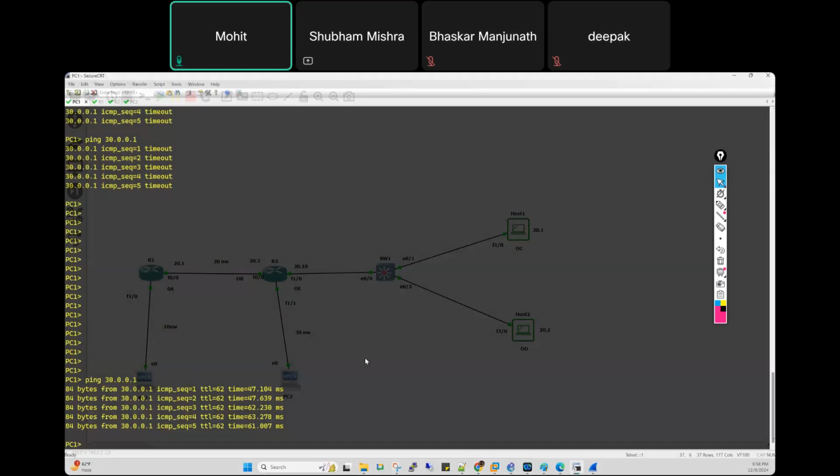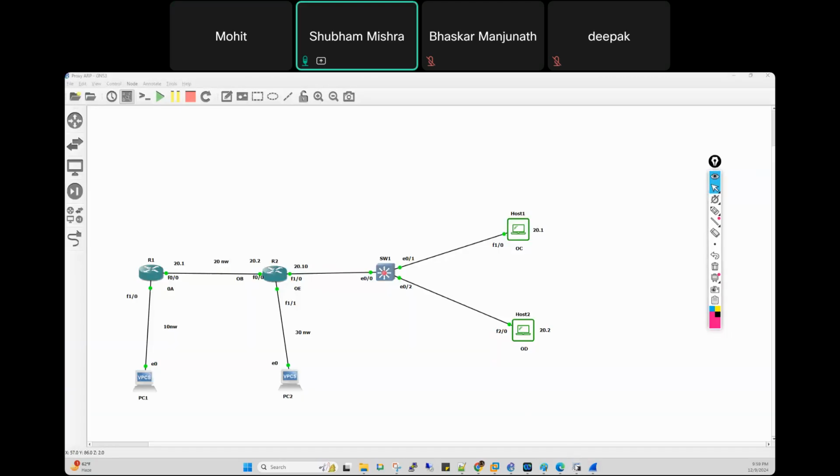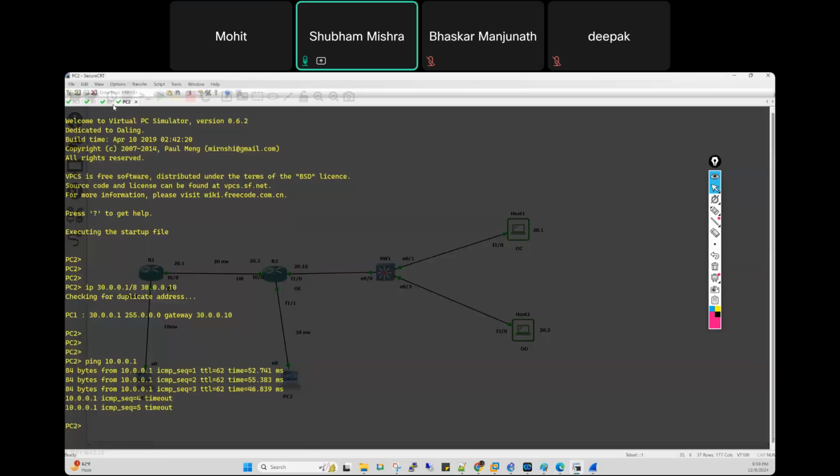Sir, the same will work for PC2 as well, right? Come to PC number 2. Ping. What is the IP address? 10.0.0.1. In this case, what is the advantage? Even come to router number 2.